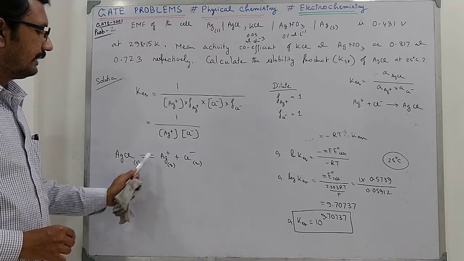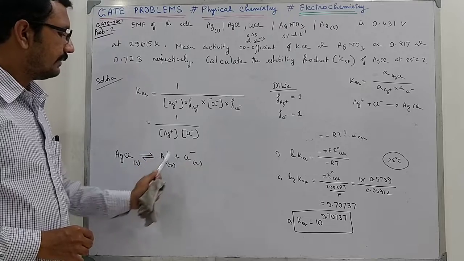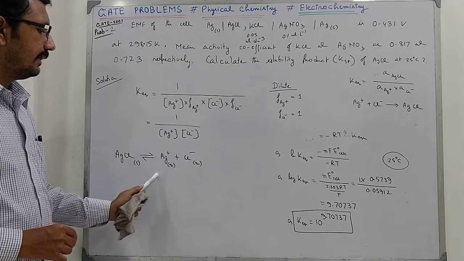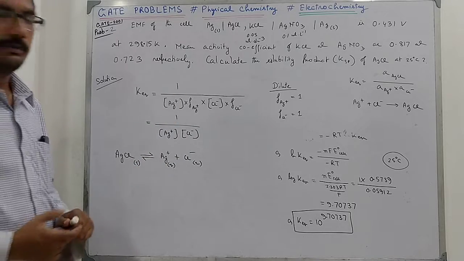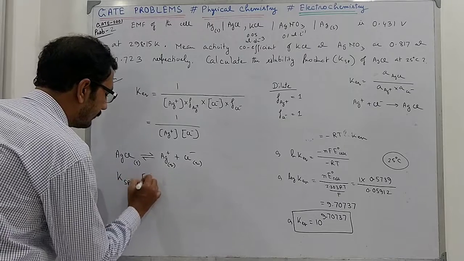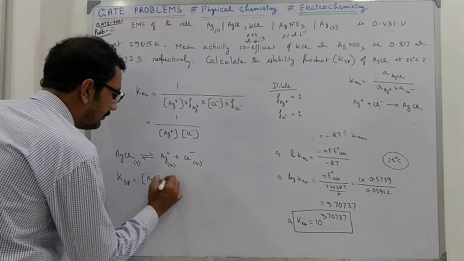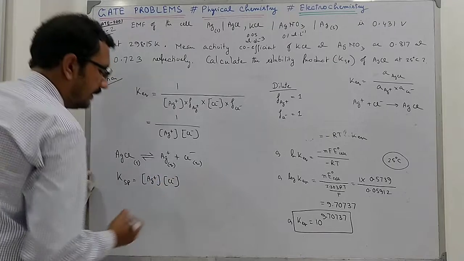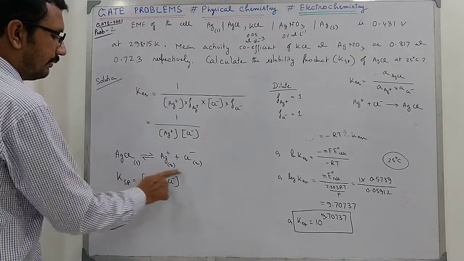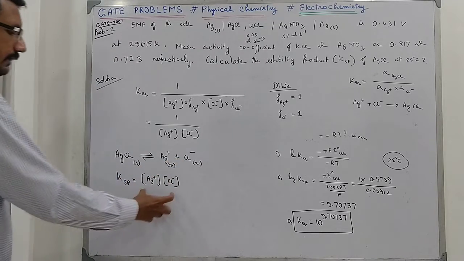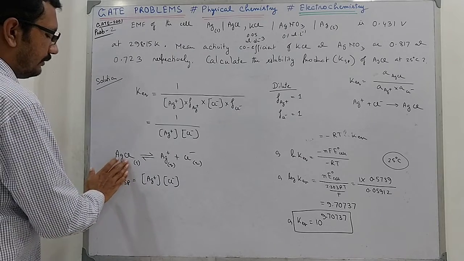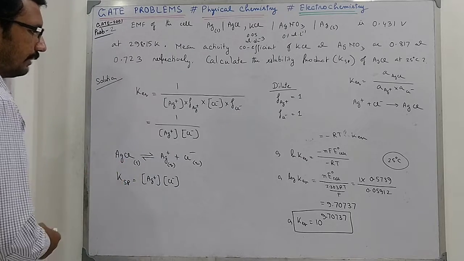At this point we get a solubility of Ag plus and Cl minus, and the product of the solubilities of Ag plus and Cl minus at equilibrium will be referred to as the solubility product. So Ksp is defined as the concentration of Ag plus multiplied by the concentration of Cl minus raised to the proper powers, that is the stoichiometric coefficients, here 1 and 1, and this product will give you the solubility product. The solid will not appear since its activity is 1.